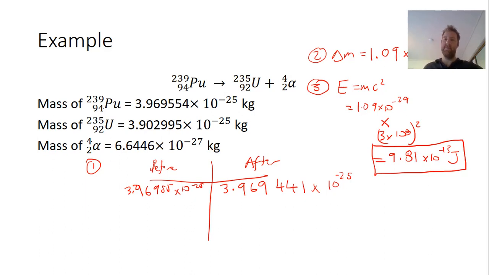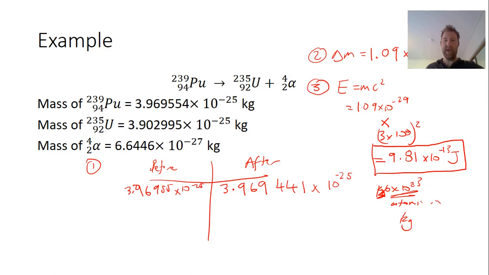However, this is all I'm going to ask you to do in your exam or your test for this. But making meaning of this, when you get a rock, if you do chemistry, you have something like Avogadro's number, 6 by 10 to the 23 atoms in a kg of a rock or sample.